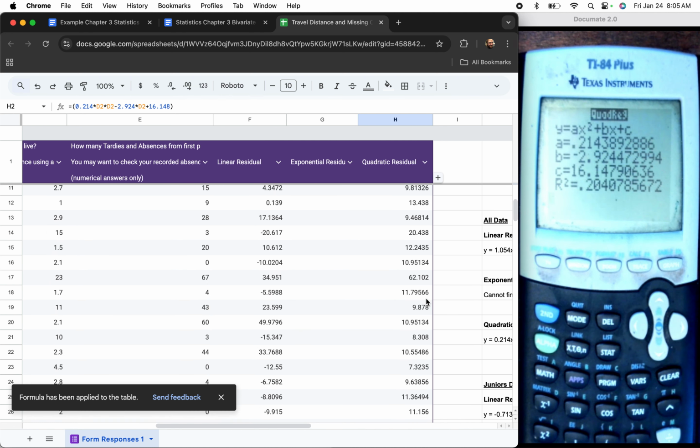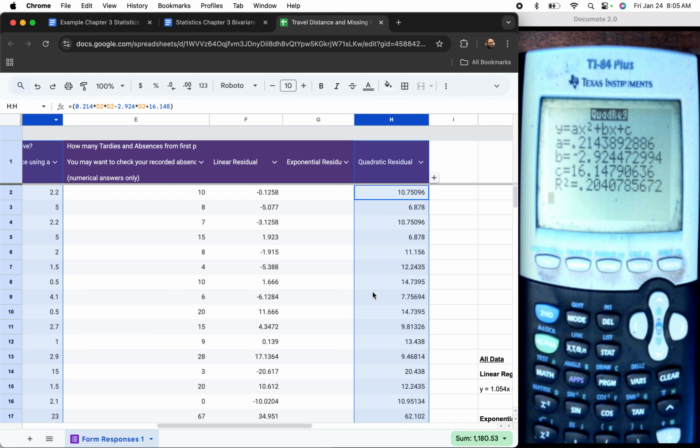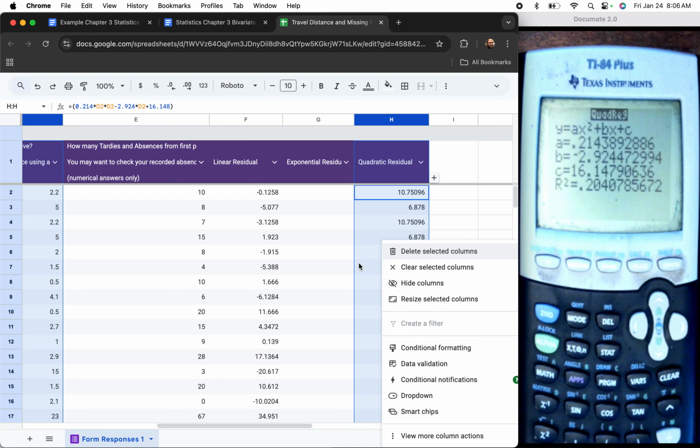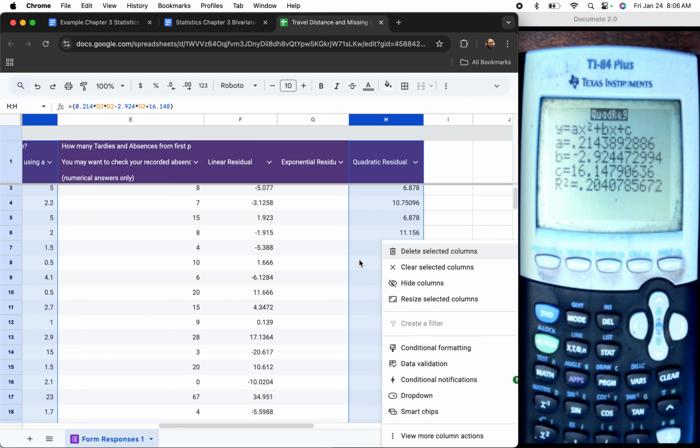So to create a residual plot, we need to select some x values, and you might need to hold Control to click some y values. And we will insert x values. On a Mac, it's Command click to grab both columns.